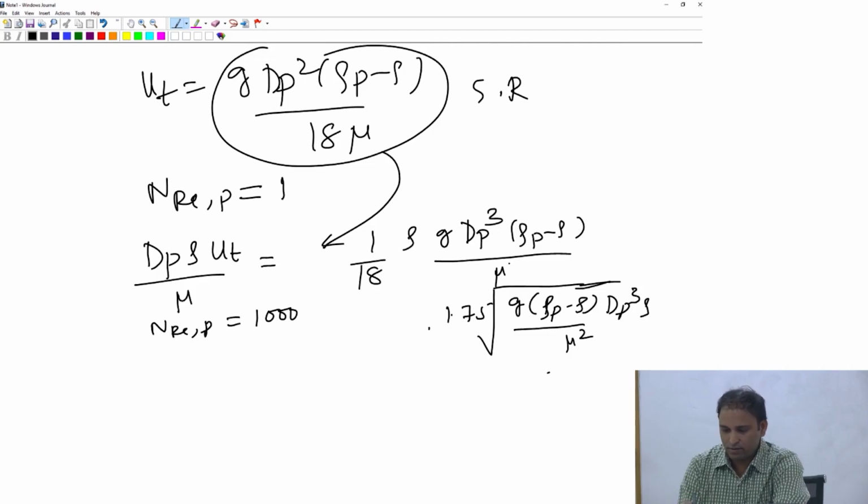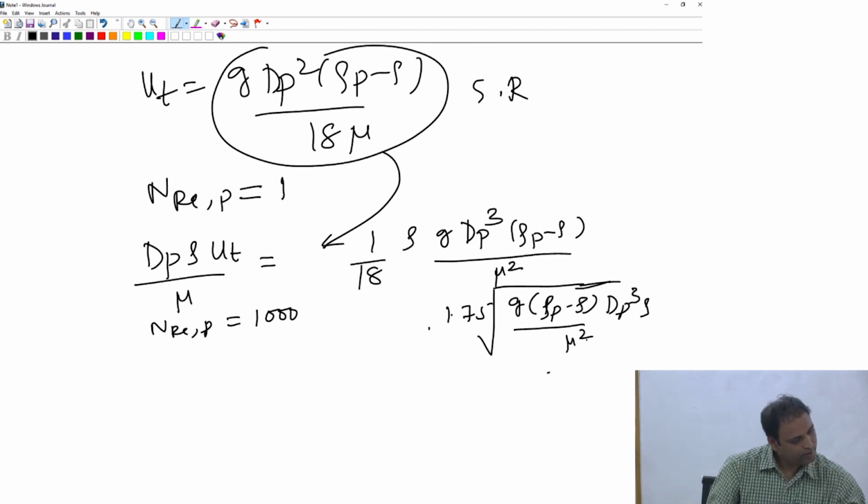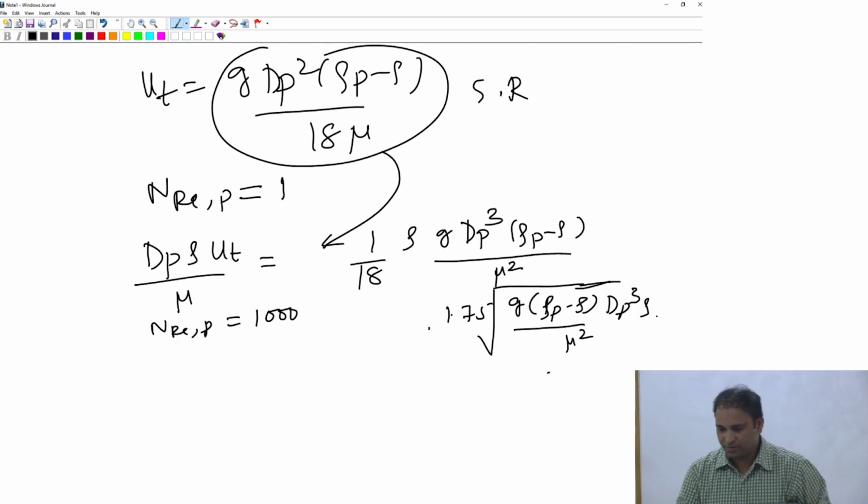So look at the term: there's g here, there's dp cube here, there's rho p minus rho. What's the expression for the Stokes settling regime? I made a mistake, right?